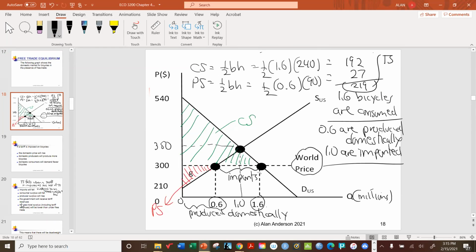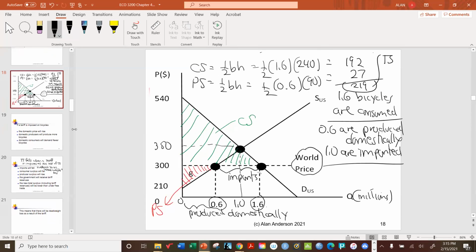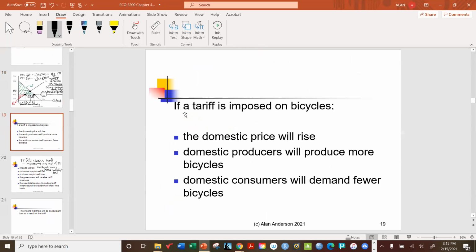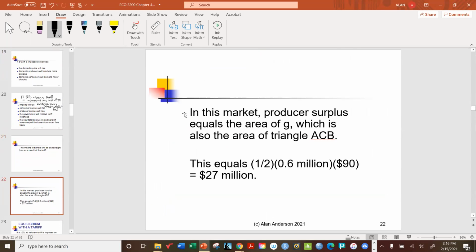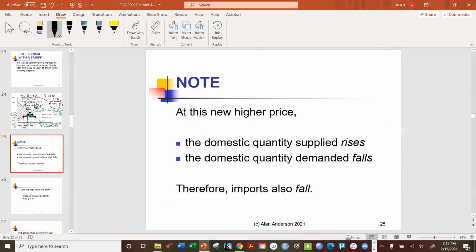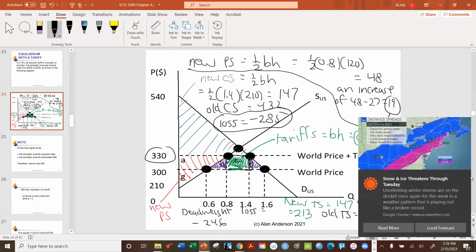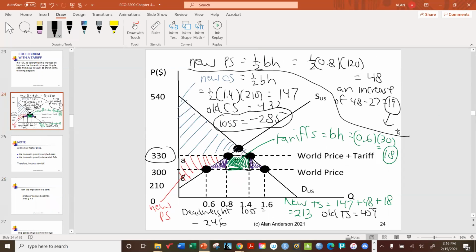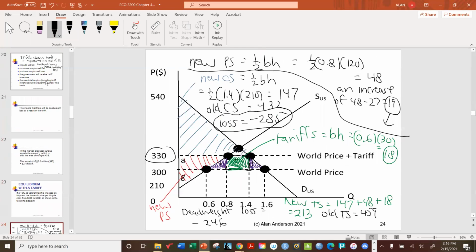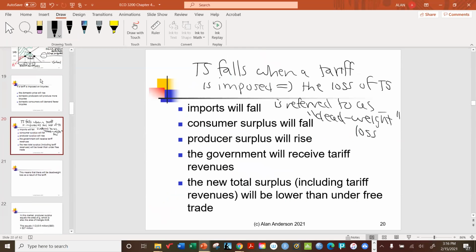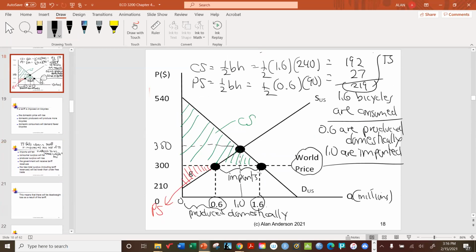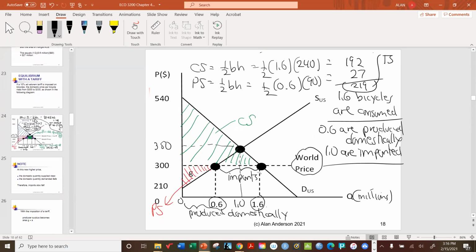So now when we do the comparisons, let me make a few changes here. Okay, so this part hasn't changed. This is fine. It's a consumer surplus that's off. The old consumer surplus wasn't 432. It was actually 192. All right, let's fix that.